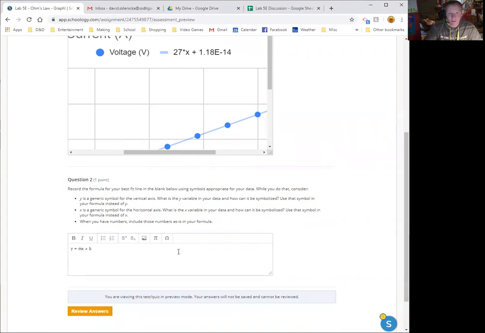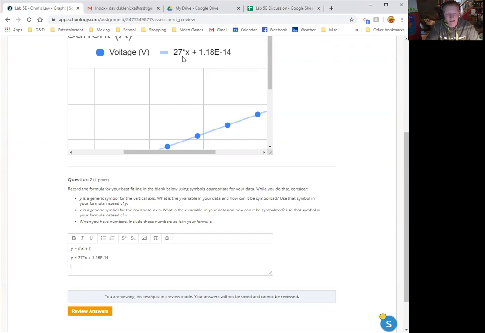In our formula up here, it doesn't say y equals, but that's what it means. Y equals 27 times x plus 1.18, and what that means is e means here times 10 to the power of negative 14. It means that this is an extremely small number, very close to 0.